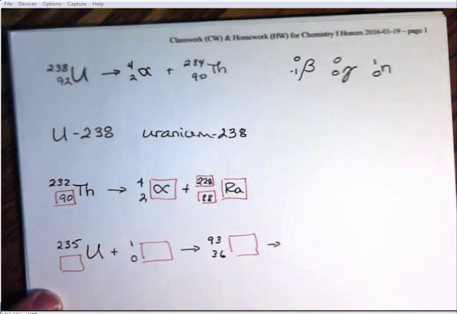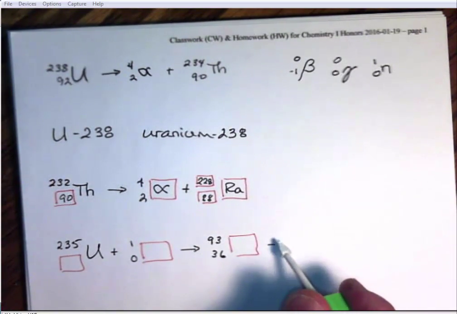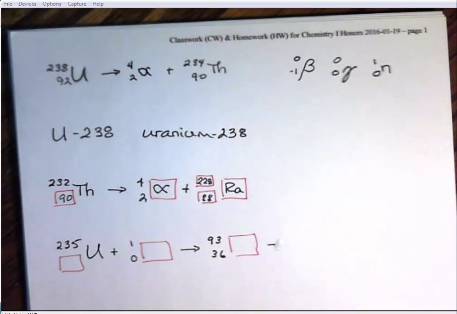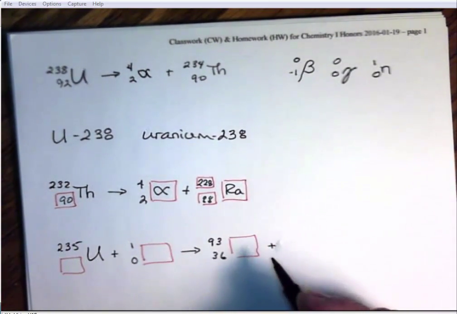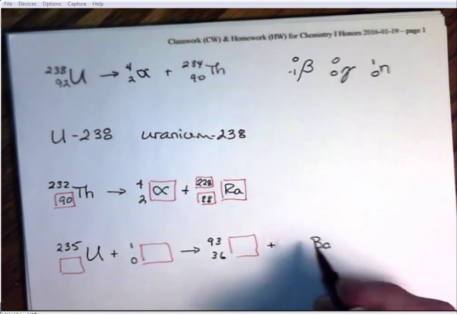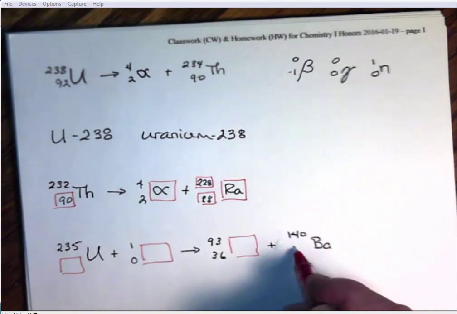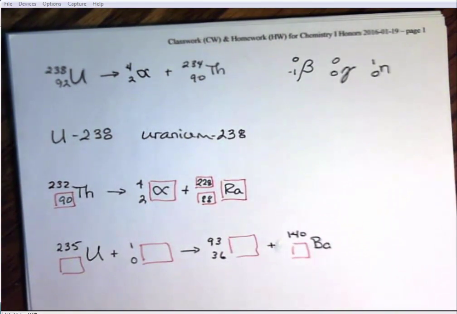Oh, I'm sorry, that should be a plus sign. Plus, I'm going to go ahead and tell you this is going to be barium. And this has an atomic mass of 140, but you got to figure out the atomic number. All right.